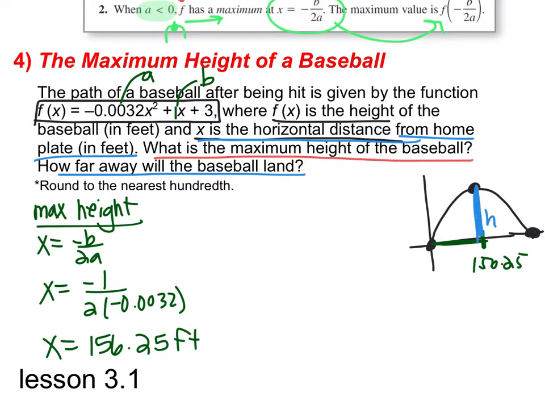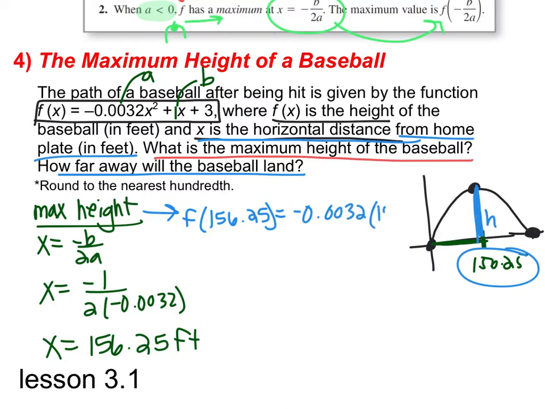What's the height? That would be taking this value and substituting it into our equation. So if we do that, we'd have f of 156.25. I need to write this down below, sorry. This program isn't quite as user-friendly as Notability where you can move stuff easily. So I'm just going to erase, and then I'll write it right below.